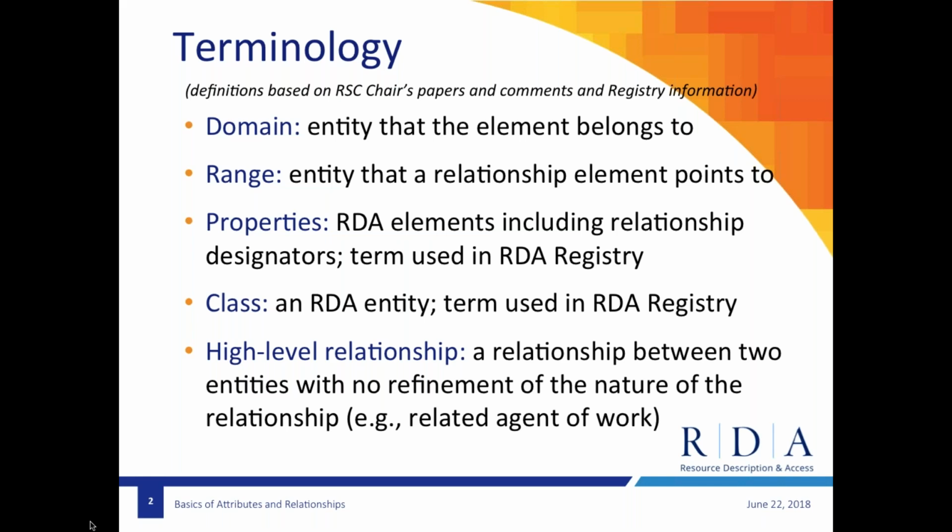And high-level relationship is a relationship between two entities with no refinement on the nature of the relationship. An example of this is related agent of work, and a refinement of that relationship would be creator of work. So related agent of work is the high level, and creator of work is the narrower.